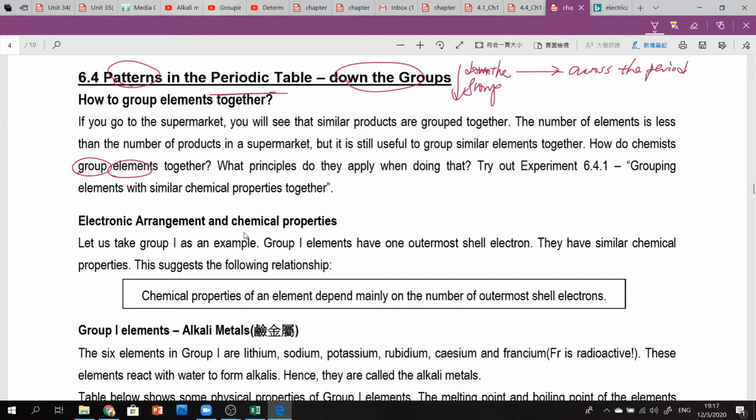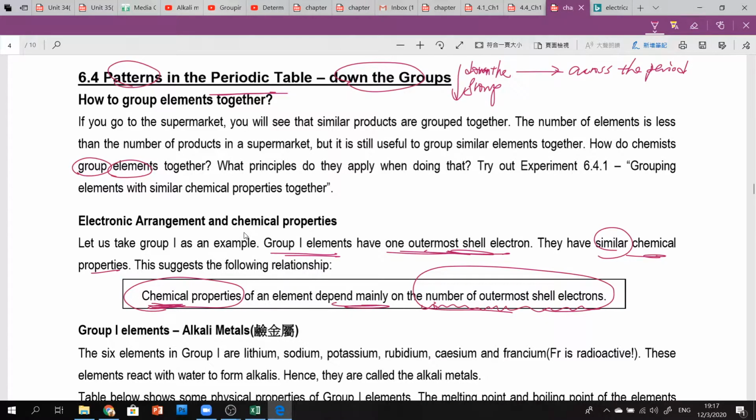Later on, scientists came up with the saying that the chemical properties, whether or not they have chemical reactions with other substances, mainly depend on the number of outermost shell electrons. This is a very important saying. In other words, group 1 elements have 1 outermost shell electron, so they have similar chemical properties because they have the same number of outermost shell electrons.